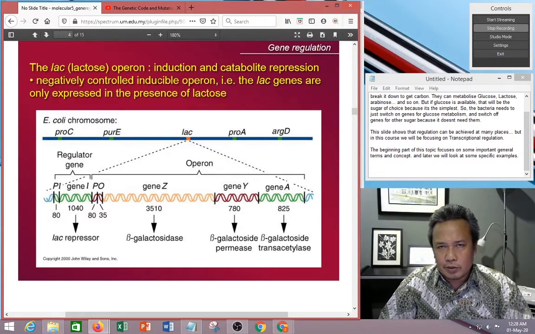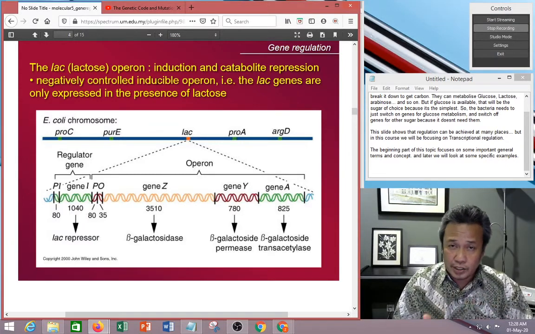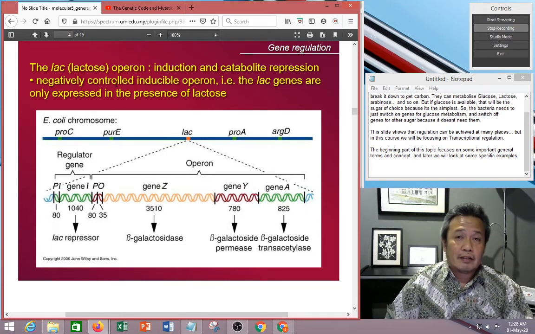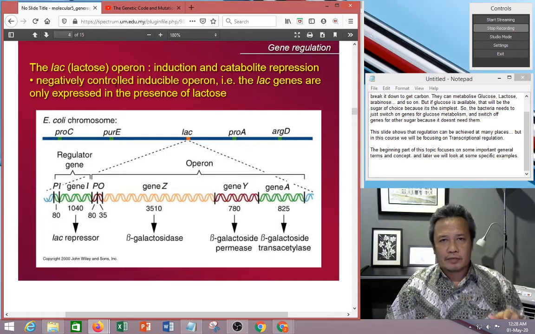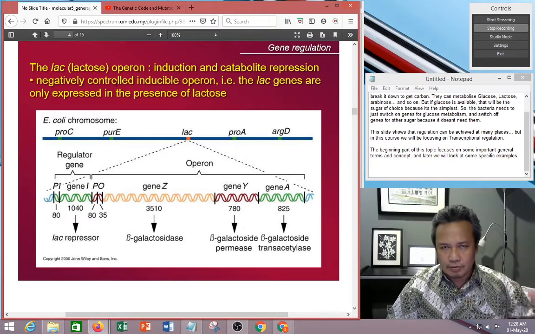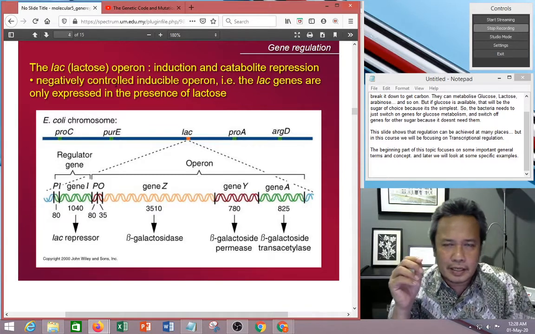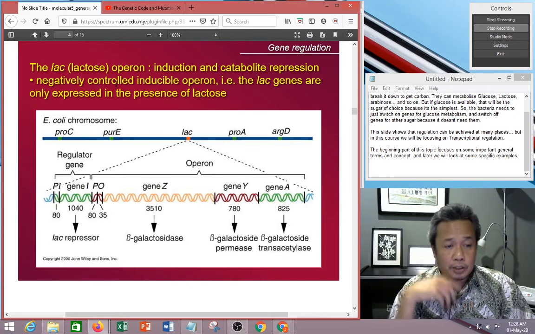Inducible means normally it's off, you need to switch it on. Negatively controlled means you need to take out the repressor to switch it on. If you don't remember this, you just need to go through the slides again, and then it's not really that complicated. You just need to get used to it. So it's a negatively controlled inducible operon.